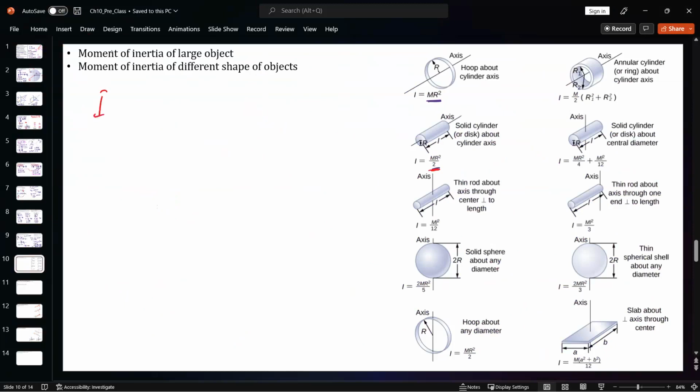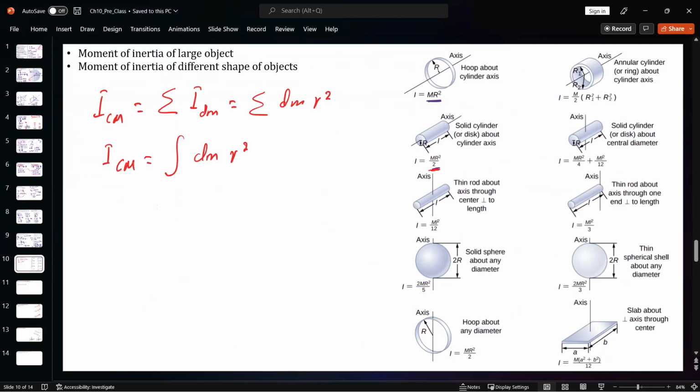We know I of CM should obey the sum of all the small I, which is the sum of small masses times r squared, which means the sum of dm times r squared. So we can write I of CM as the integral of dm r squared. That r can be in 1D, 2D, or 3D objects.